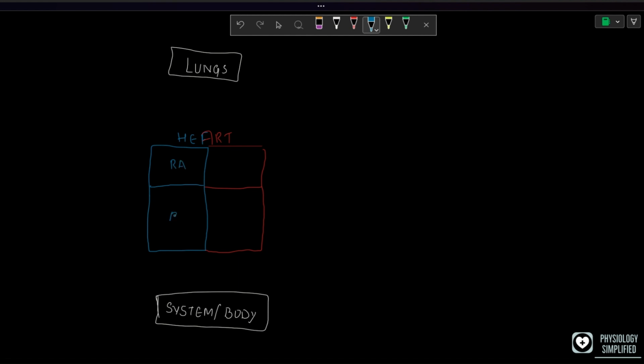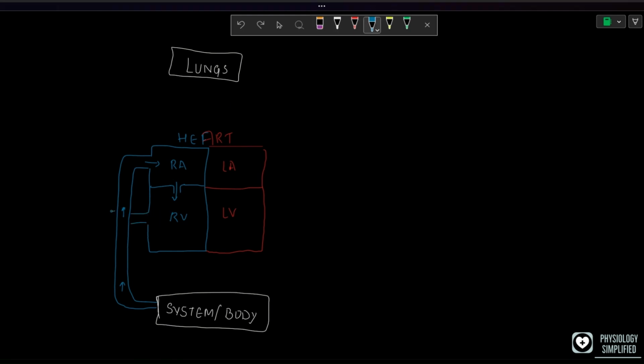So this is the right atrium, and below it is the right ventricle, the left atrium and the left ventricle. The right atrium of the heart receives the deoxygenated blood from the body, from where it pushes down the blood into the right ventricle. From the right ventricle, the deoxygenated blood is then sent to the lungs for oxygenation.